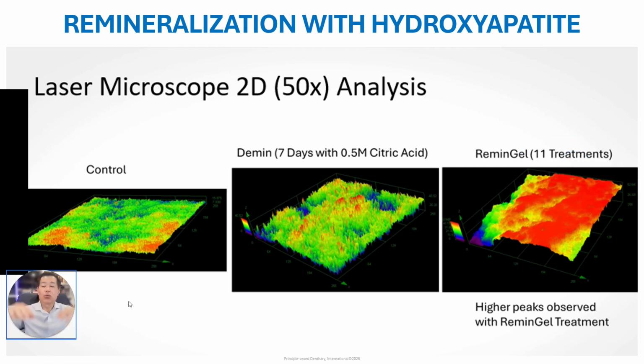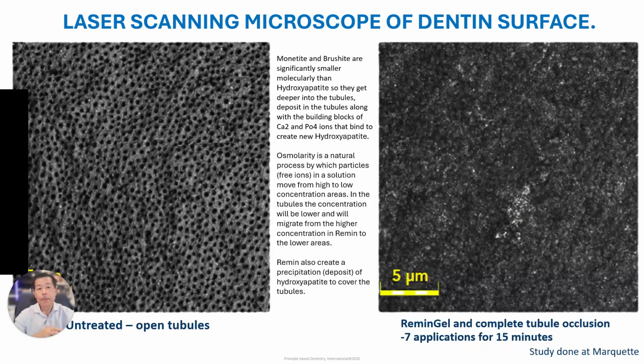And you can see where the hills of the hydroxyapatite were built back up. That is reformed hydroxyapatite, and there are fewer valleys. So this was very powerful medicine. It was helping to remineralize demineralized areas of the tooth, and that's what we want to be able to see.